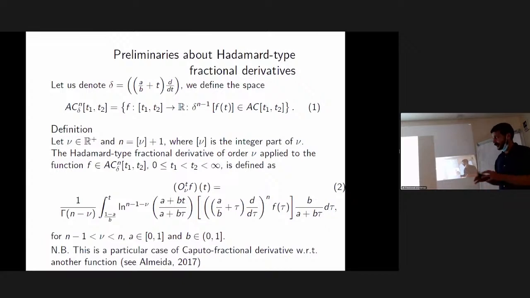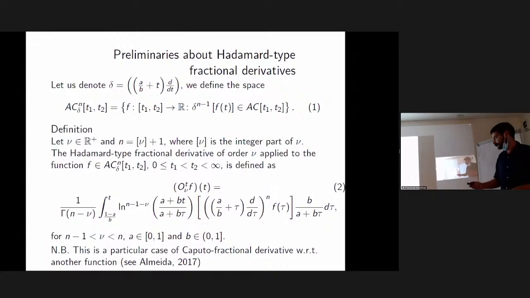This is a way to include a time scaling, because as you can understand, this definition can be obtained from the Caputo derivative by a deterministic change of time. But it can be useful for ultra-slow diffusion.